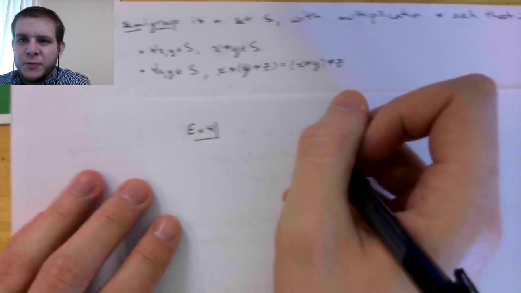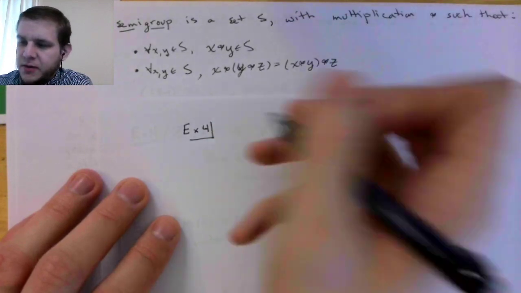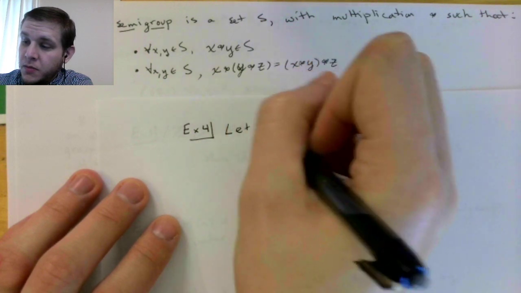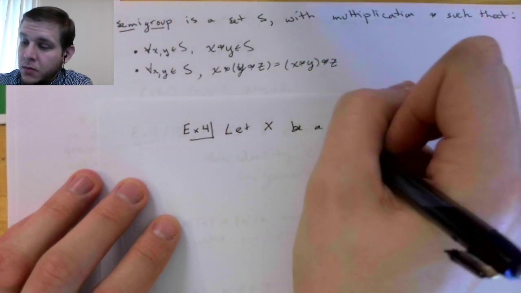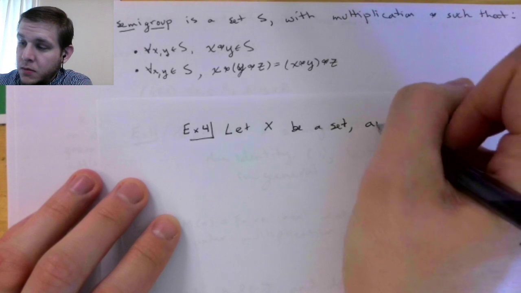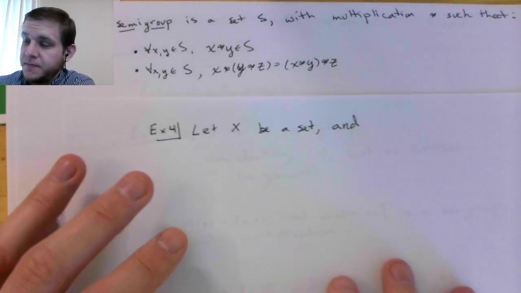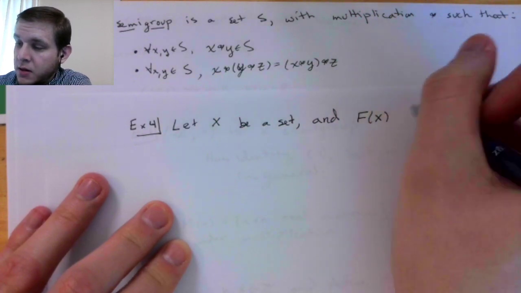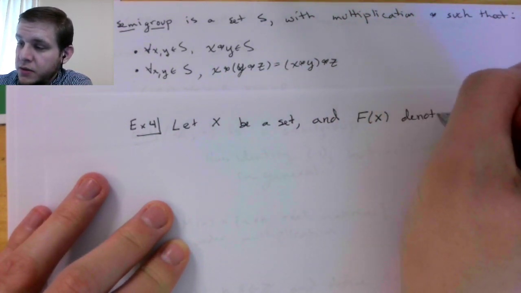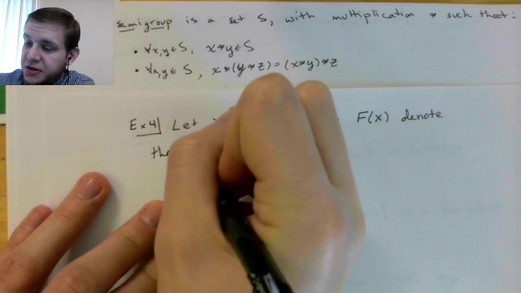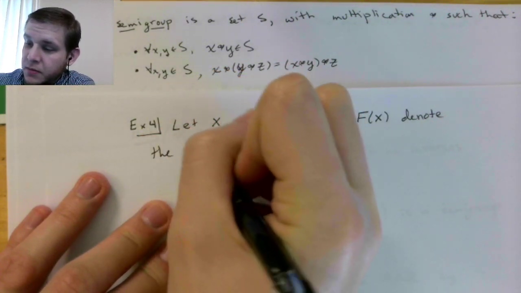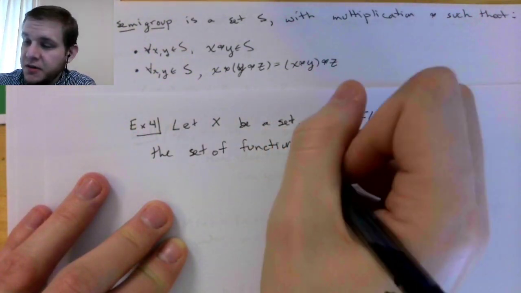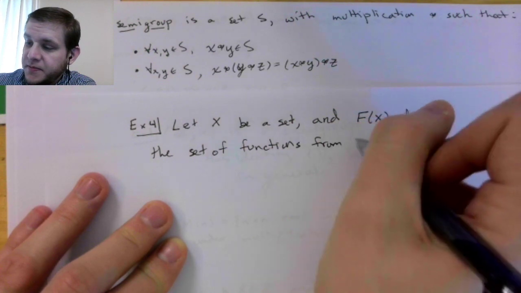What's the last example of a semigroup that I want to discuss? Well, what's the group that we've been talking the most about? It's the set of bijections from a set to itself, which we called S of x. So let's call F of x the set of functions, any function, not necessarily a bijection, from x to itself.